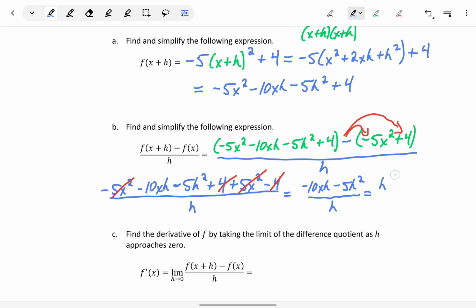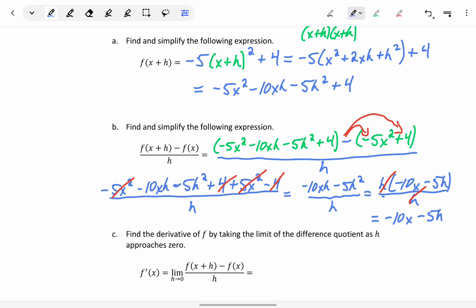We're going to factor out that h in the numerator, which will leave us with negative 10x minus 5h all over h. H over h will cancel, leaving us with just negative 10x minus 5h.